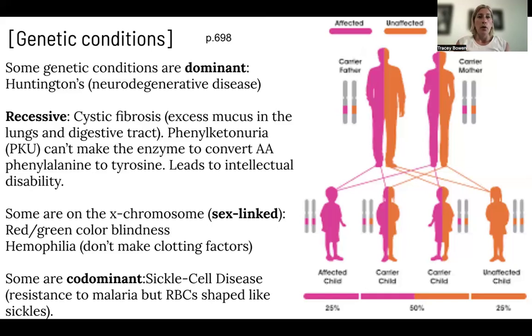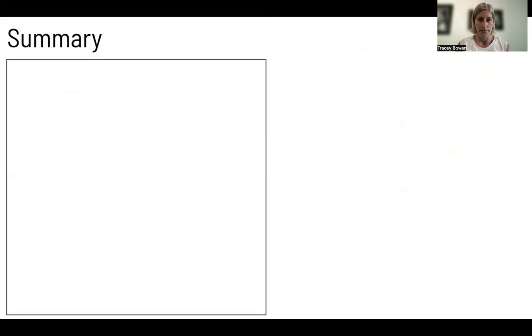But if you had both sickle cell alleles, then you would make only sickles, and it would make it very difficult for you to breathe. And yes, you would be resistant to malaria, but oxygen. And if you had both normal red blood cell alleles, then you would make normal red blood cells, but you wouldn't be resistant to malaria.